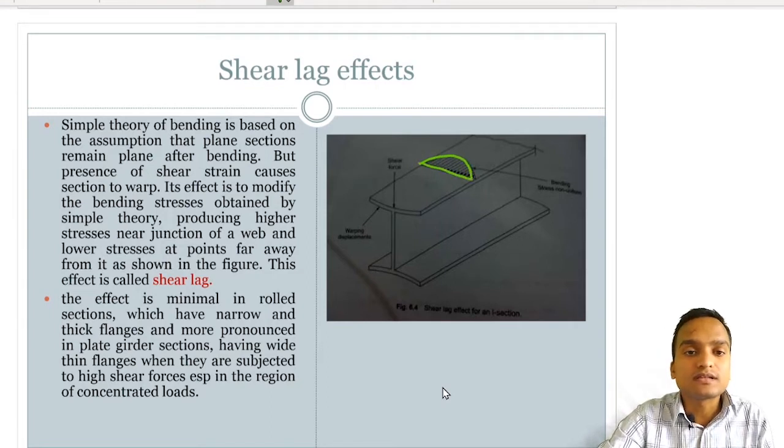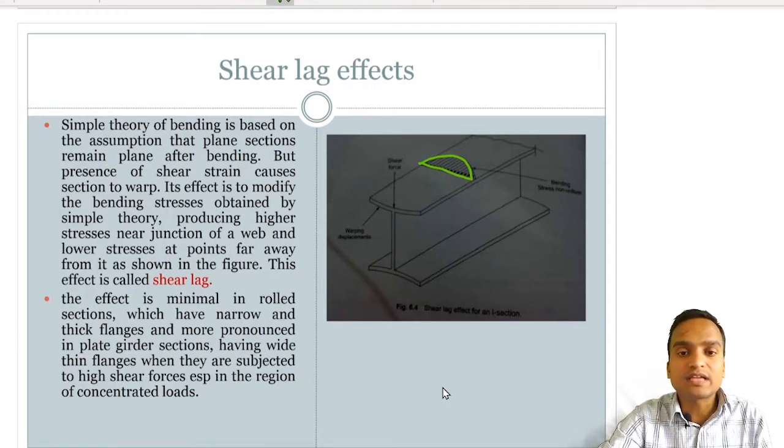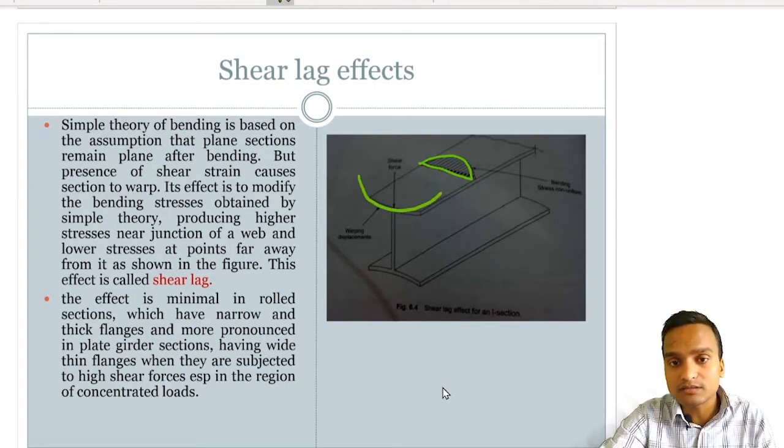In this case there is warping action, and this is how the shear is lagging in this I section. This happens because of bending of the plates; the simple theory of bending was based on all planes remaining plane, but here the plane is getting bent like this.